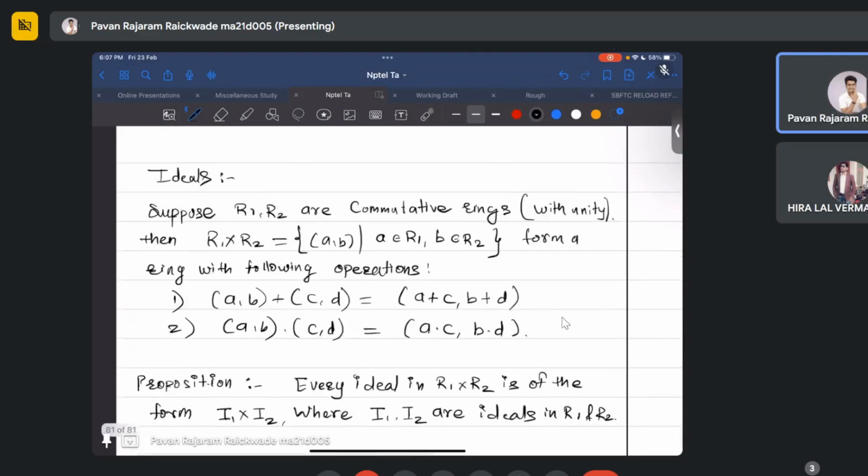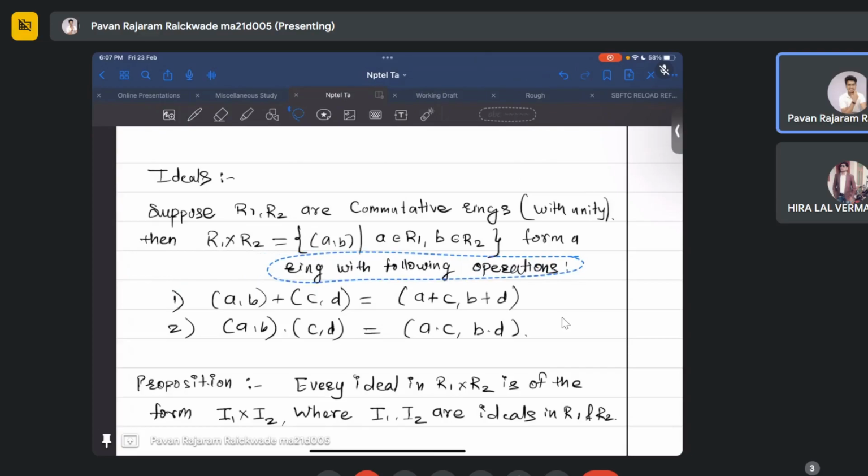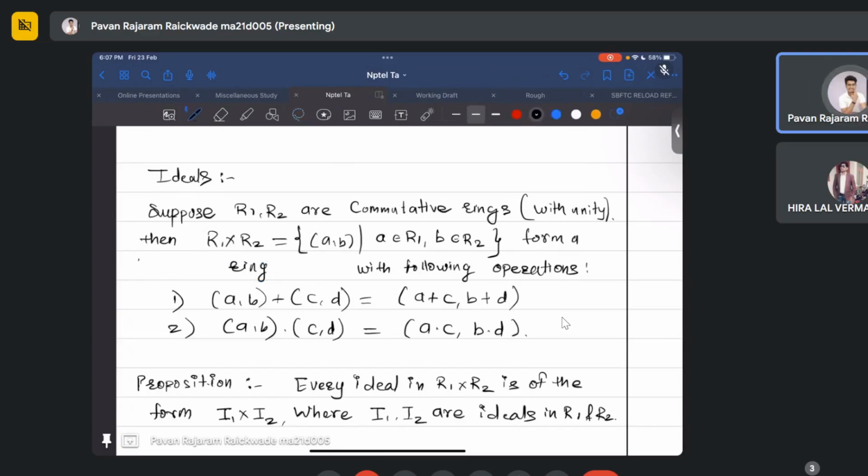Here also I should specify that it forms a commutative ring because your original rings were commutative.